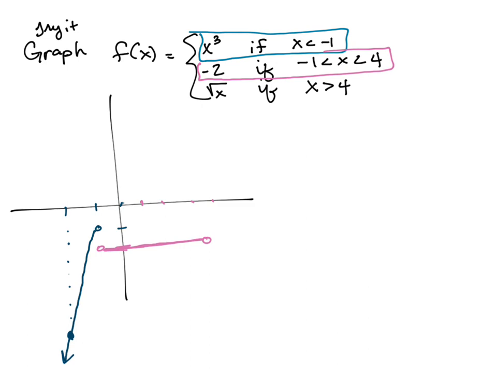So from negative 1 to 4, a horizontal line going through y equals negative 2, starting at x equals negative 1 and going all the way to 4. Good?